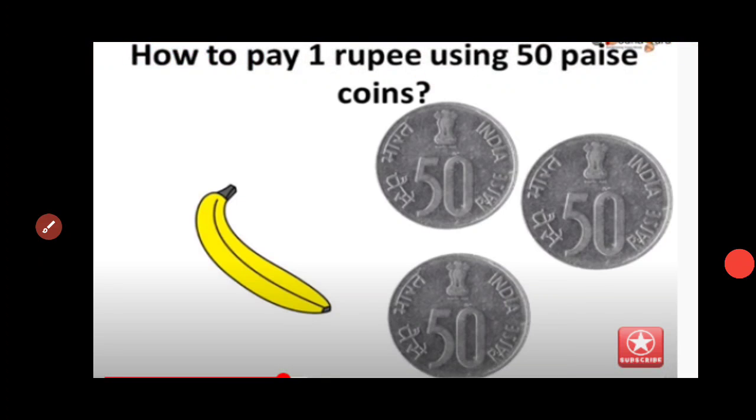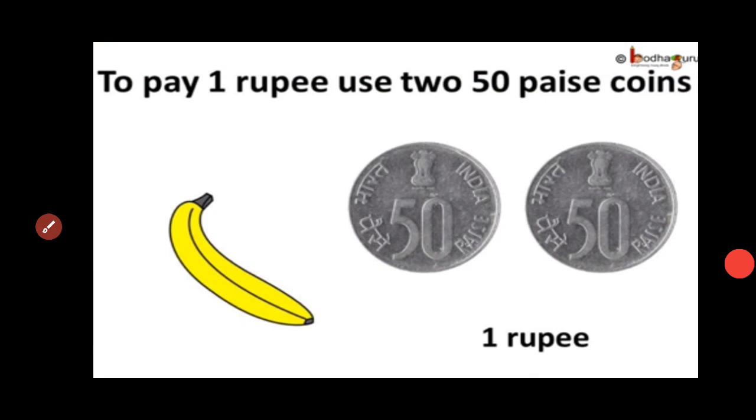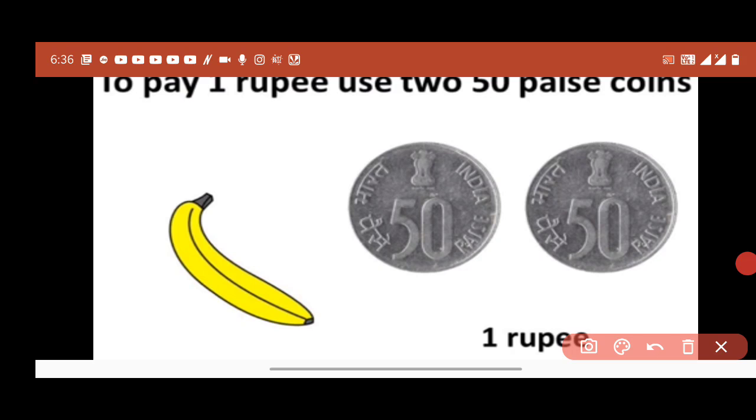Let's have a look at another example. Now, if you want to buy this banana costing 1 rupee 50 paisa, what will you do? Yes, and you have these three 50 paise coins. So, as we have just understood the concept that 1 rupee equal to 100 paise, and 100 paise means 50 paisa plus 50 paisa.